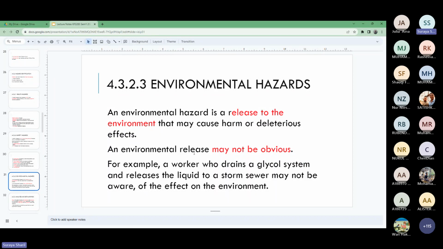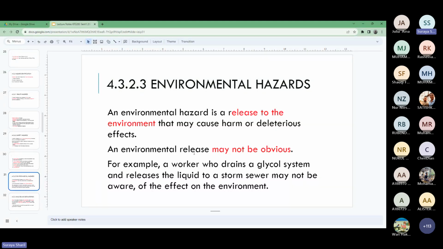For example, let's say a byproduct waste from one company or one factory.